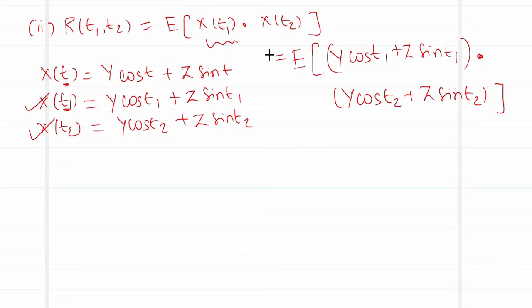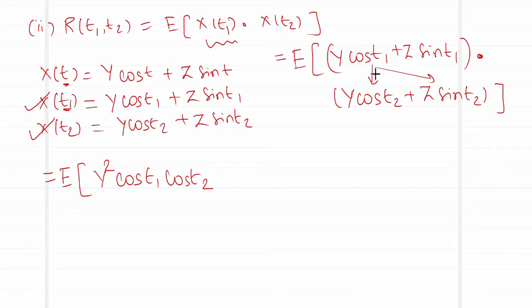So I'll have to take the expected value of the product of these terms. So now let me expand this product. What will happen on expansion? y cos t1 into y cos t2 gives you y square cos t1 cos t2.